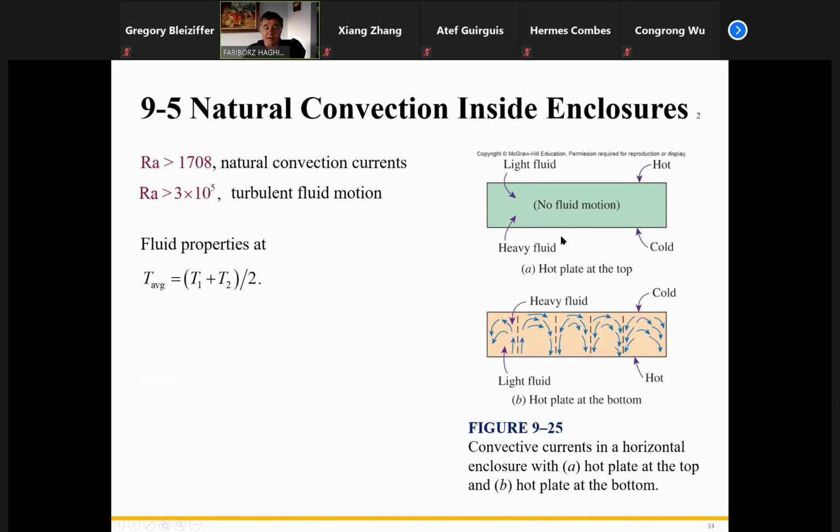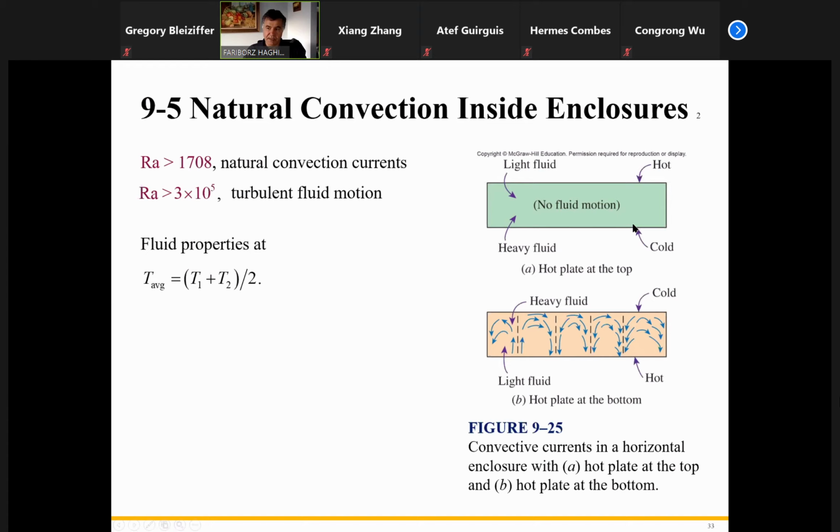Again, the same thing happens when we have horizontal. Okay, horizontal, look here, you have a hot plate up, cold plate down. What will happen in this scenario? Imagine you have a hot plate up there and a cold plate down here.